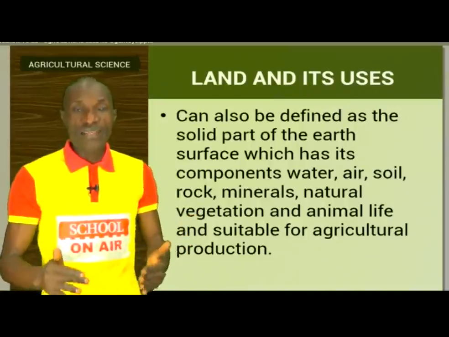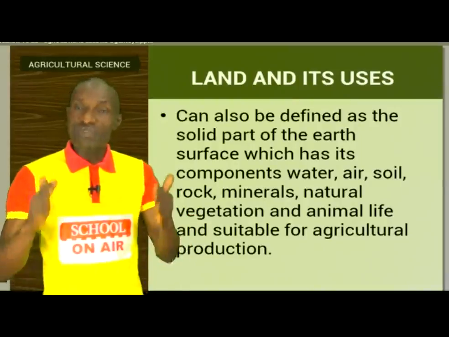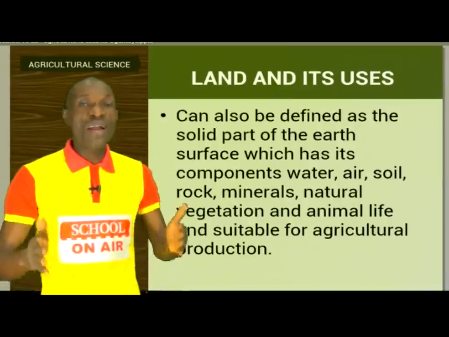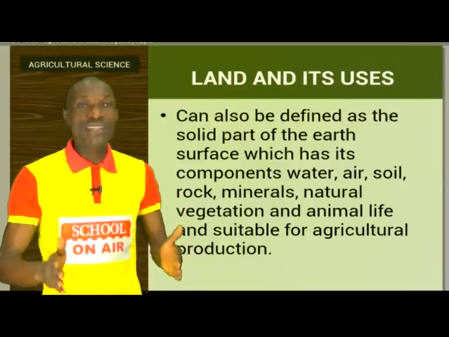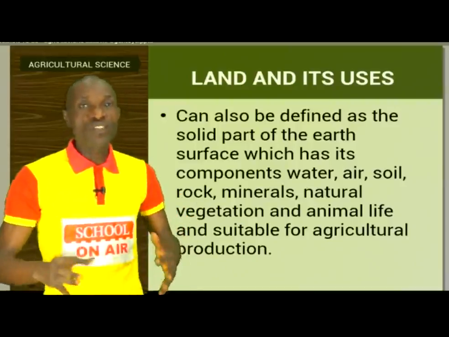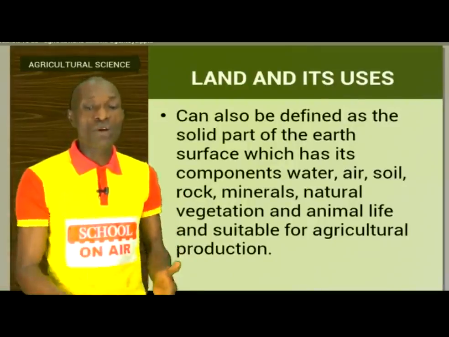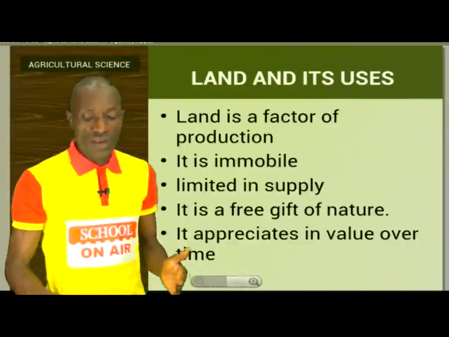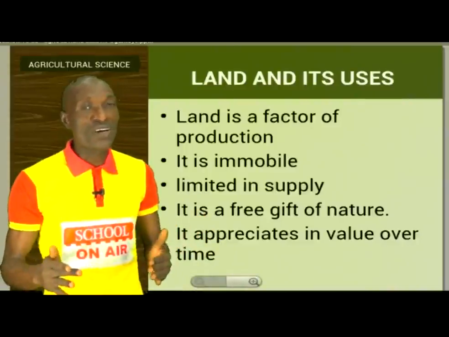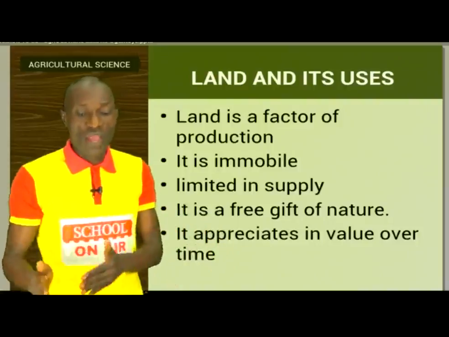You also have natural vegetation on the land, and animals or livestock that are being reared on the land. All these are suitable for agricultural production. That means agricultural production takes place on the land and not elsewhere.